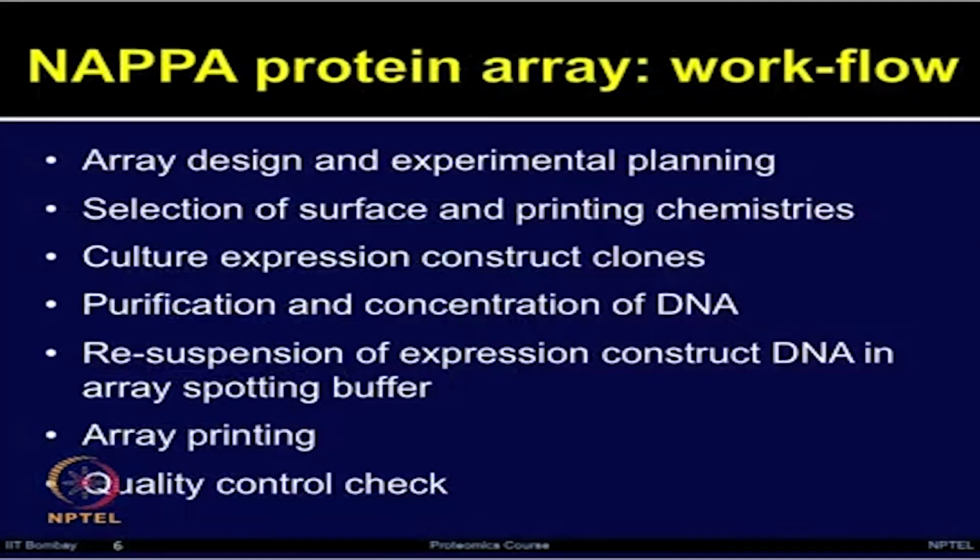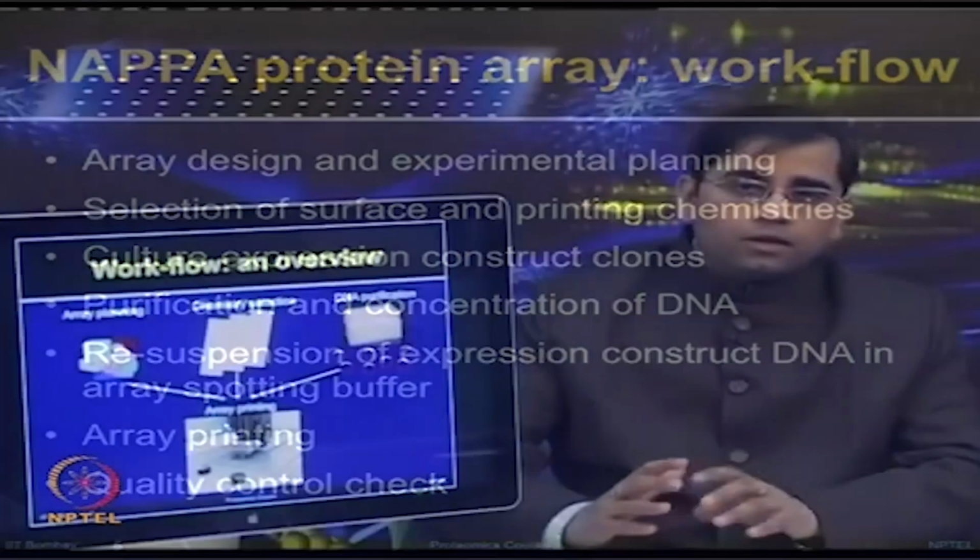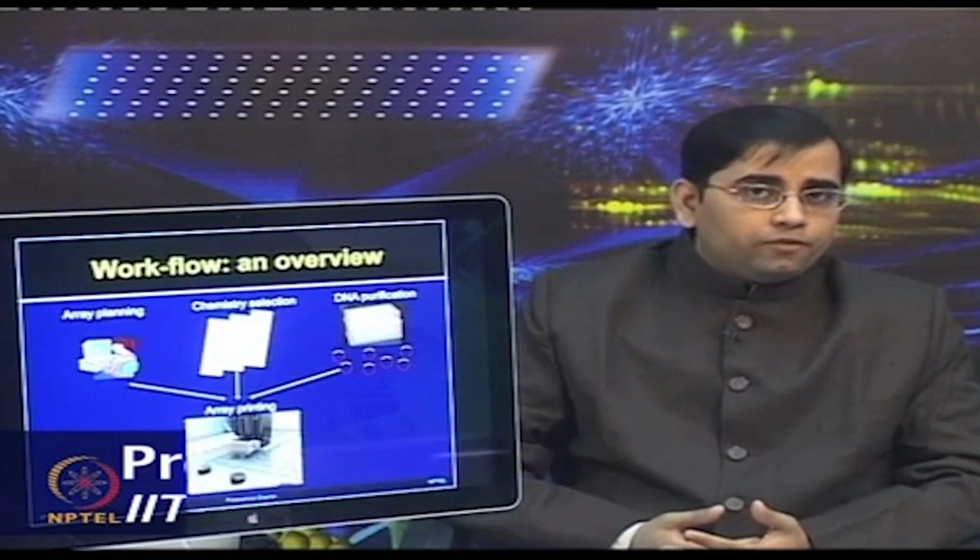Now, array printing: how to ensure that printing quality is good, and then different types of quality control checks are required. So, just an overview, one needs to do the experimental planning, how to design those arrays, and what features are going to be printed on the array surface. One needs to design these experiments very thoughtfully.